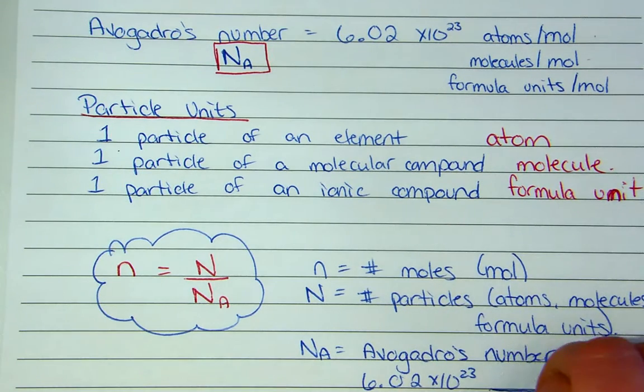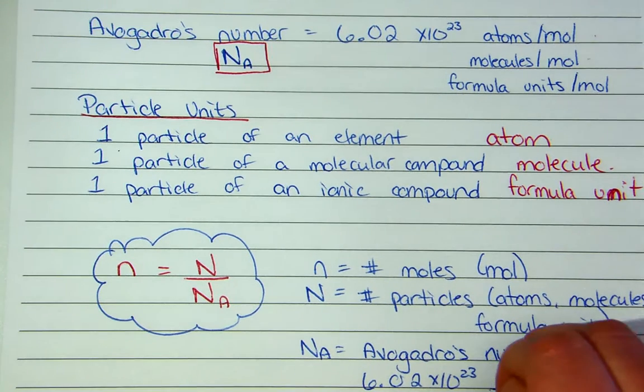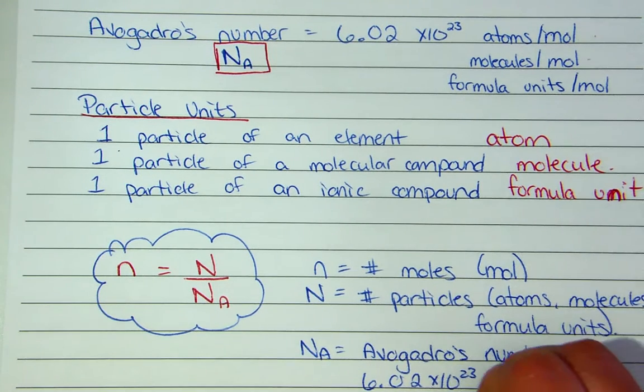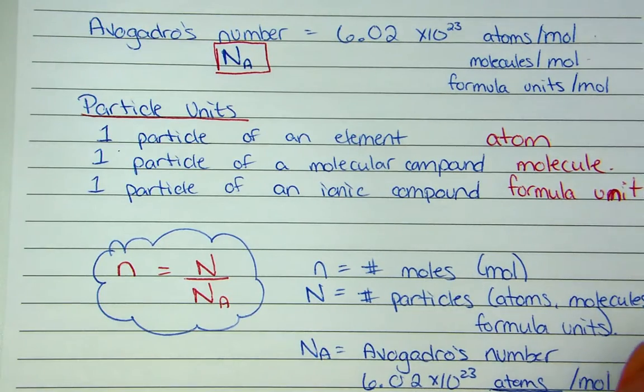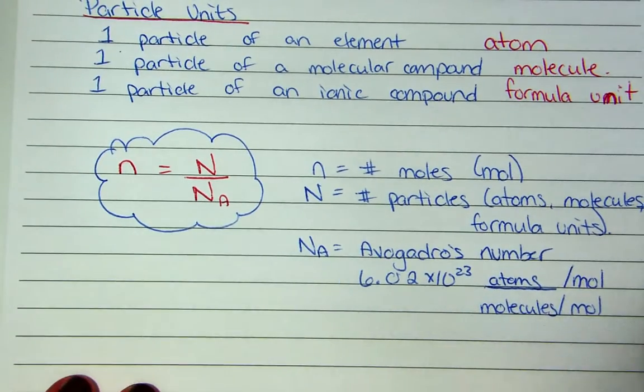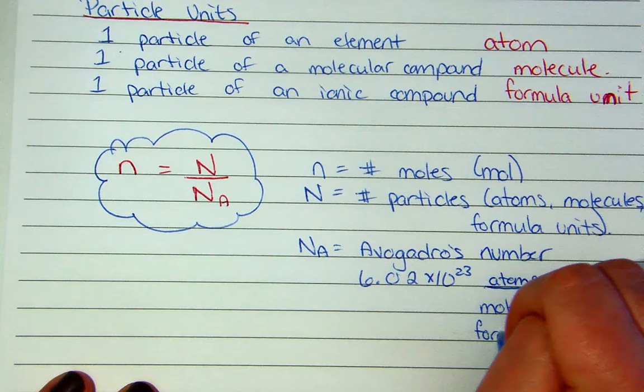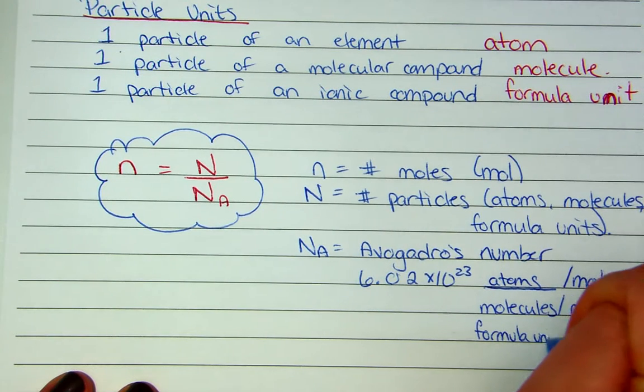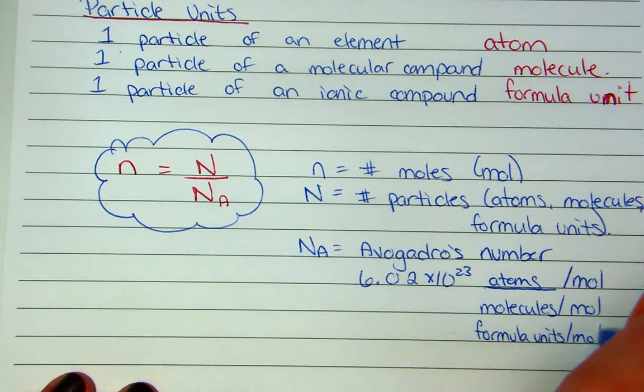Now your unit here is going to be something per mole. So it may be atoms per mole, it may be molecules per mole, or it may be formula units per mole.